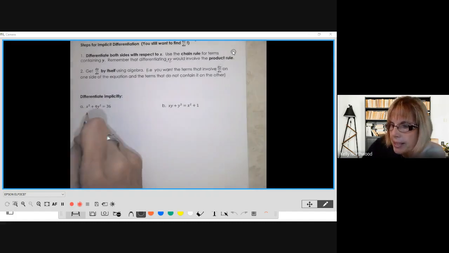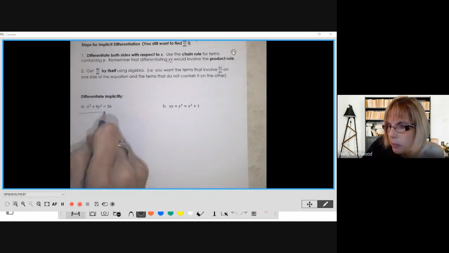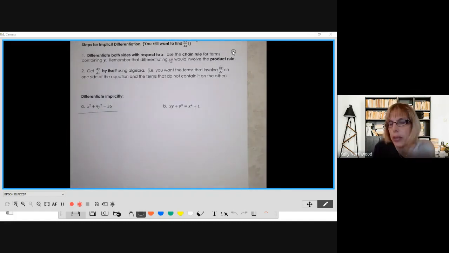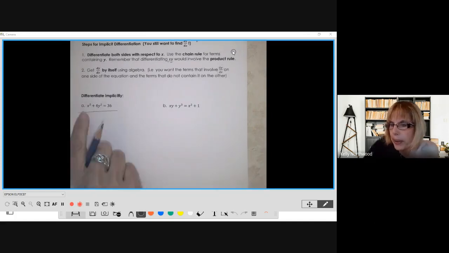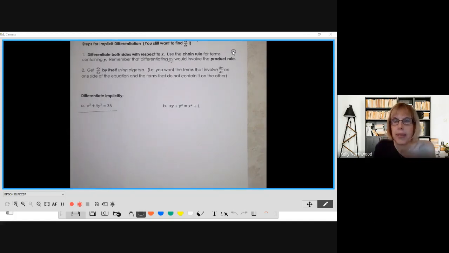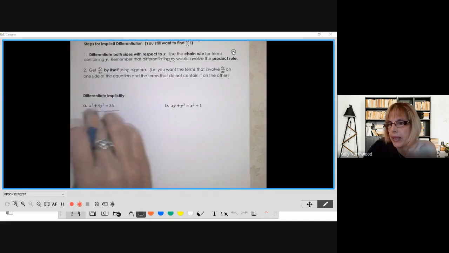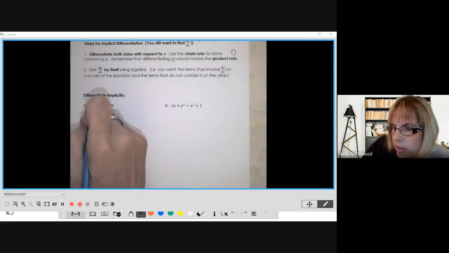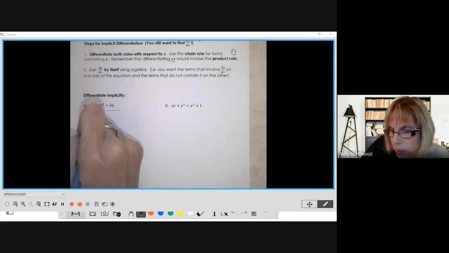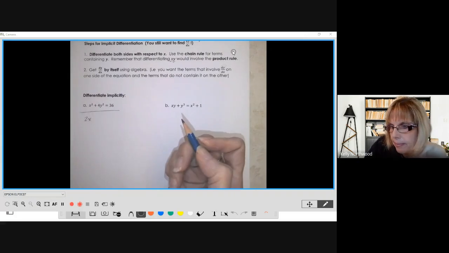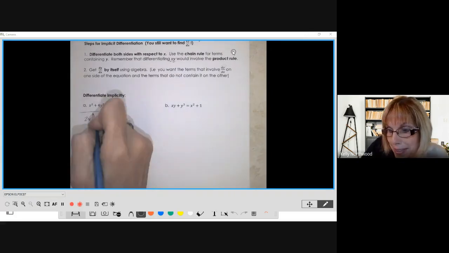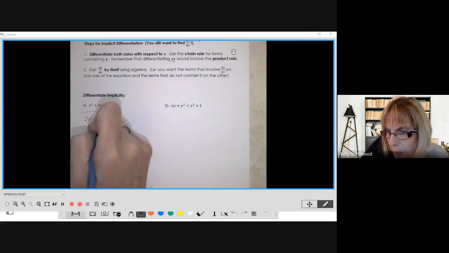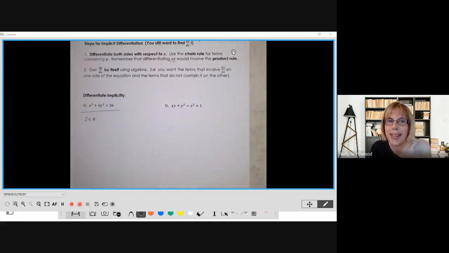Because this is the function and now all of a sudden we're going to start deriving it, we don't write y prime equals; I kind of put a line there just to separate this being the function from now I'm going to find the derivative below. So the derivative of x squared is 2x with respect to x. Anyone think they know what the derivative of 4y squared is with respect to x?